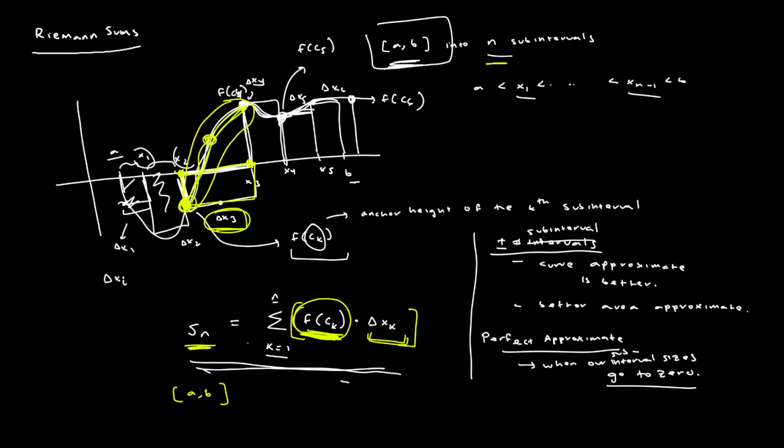And when do we get the perfect approximate? It's only when our sub-interval sizes go perfectly to 0, because at that point, we're just finding the area of the curve itself. We're not finding the area of an approximate of the curve. And that's the main thing behind an integral.